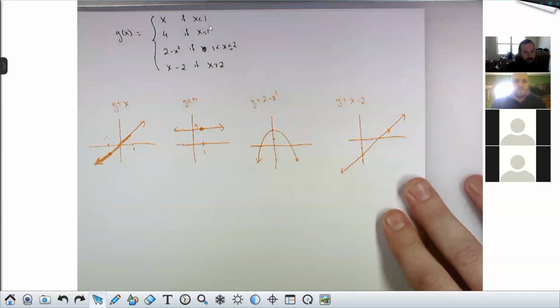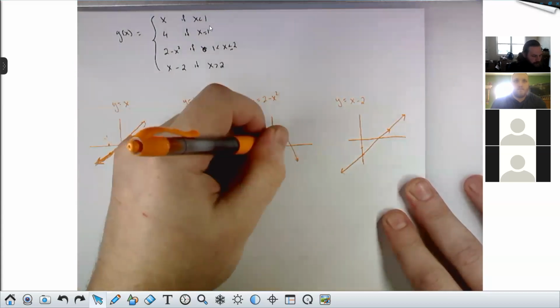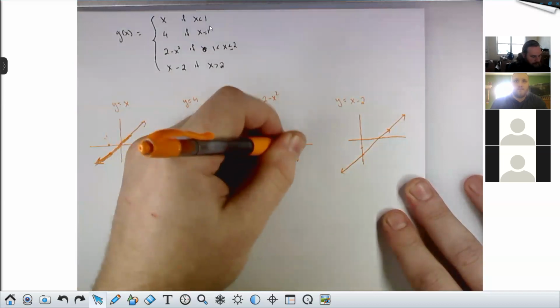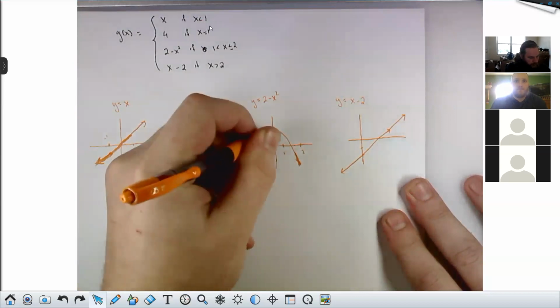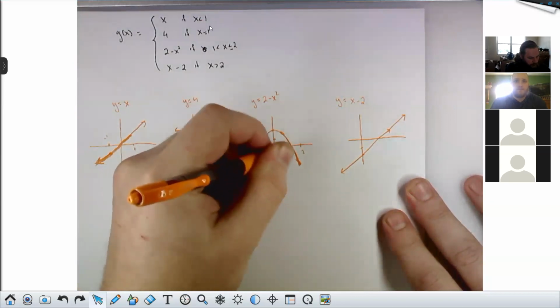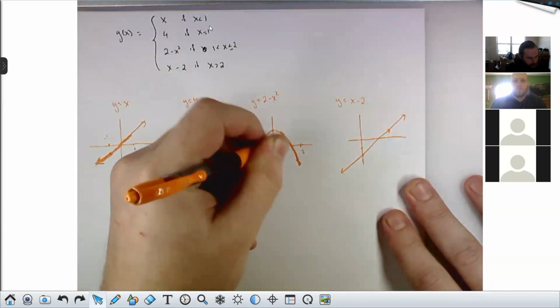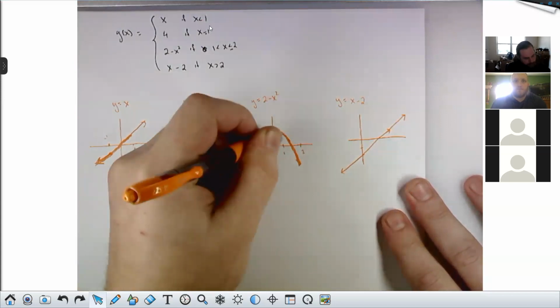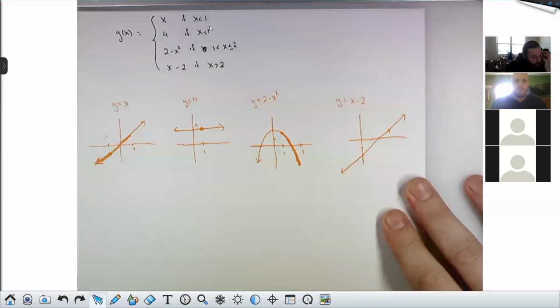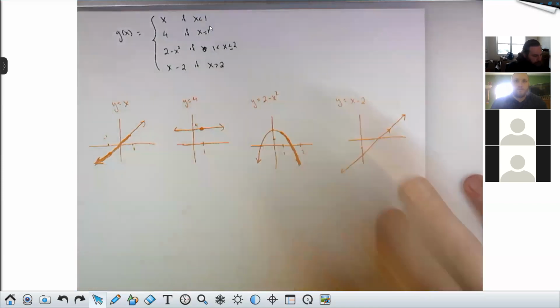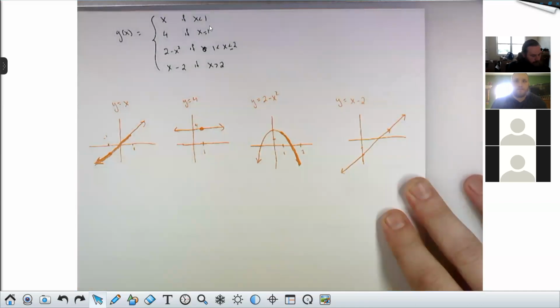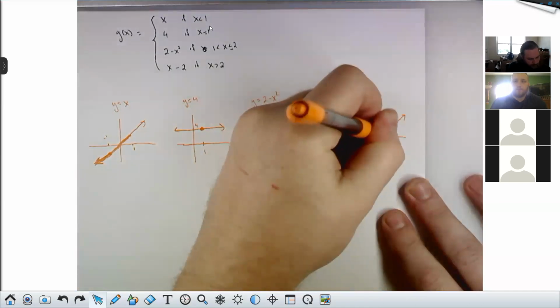And then for x's between 1 and 2, so if I mark this as 1 here and this as 2 here, for x's between 1 and 2, my function behaves like this. And then everywhere to the right of 2, it behaves like this thing, which is this part here.